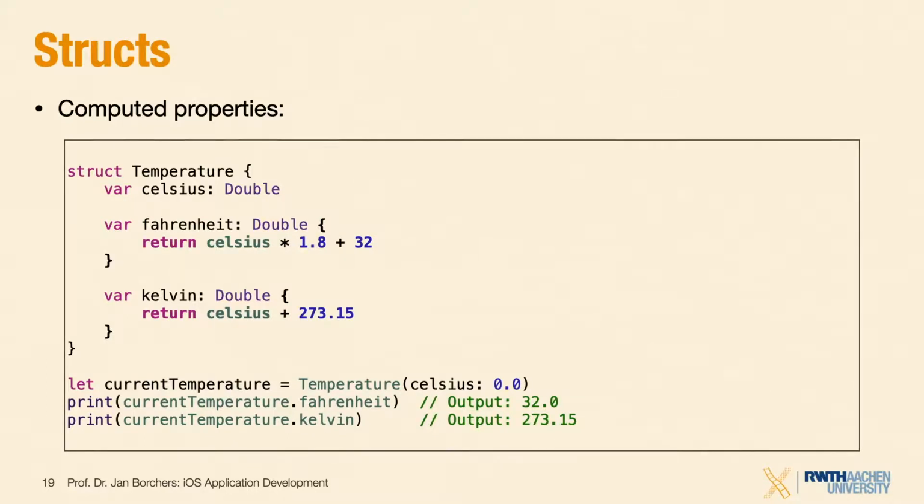Let me show you an example. Let's assume we want to have a temperature struct that contains Celsius and Fahrenheit values at the same time. Normally, if you went really old school, you would have a Celsius property and a Fahrenheit property, and every time one or the other gets changed, you would have to make sure that both get updated, right?